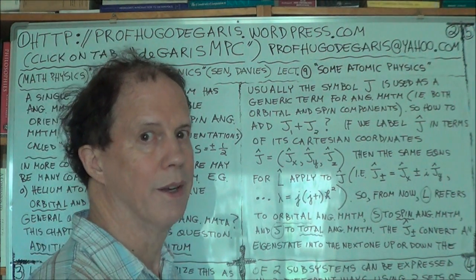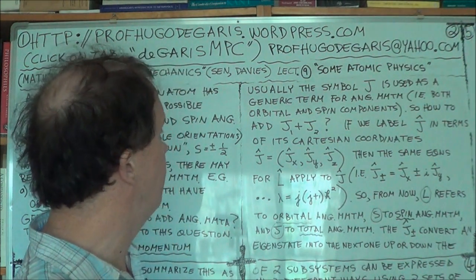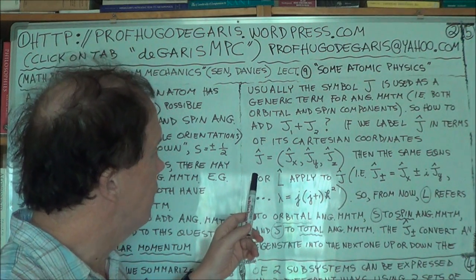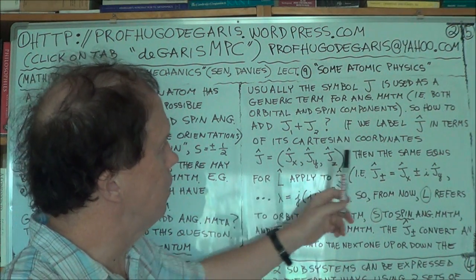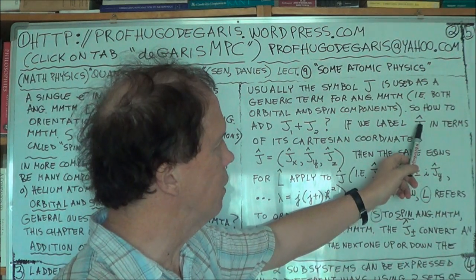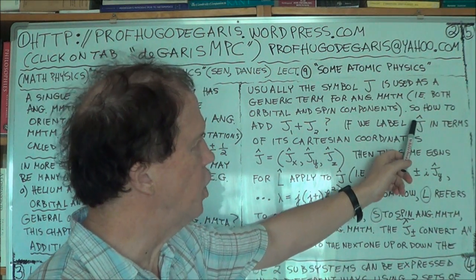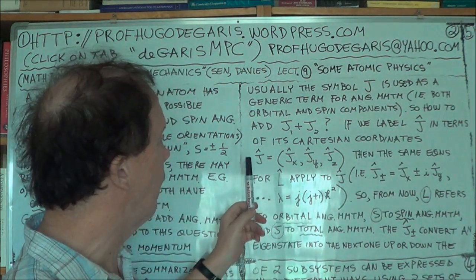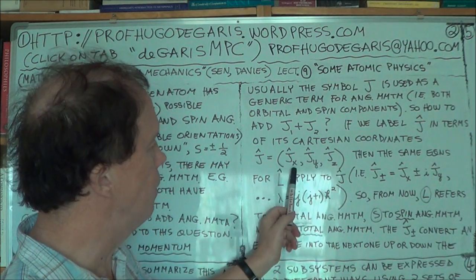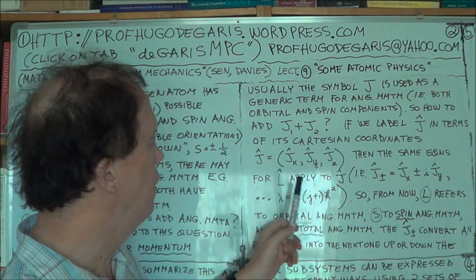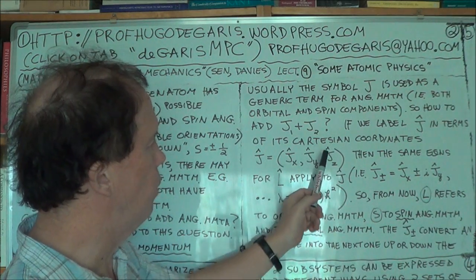That's the essence of the correspondence principle, right? So let's assume that there is some operator corresponding to a general angular momentum, J hat.